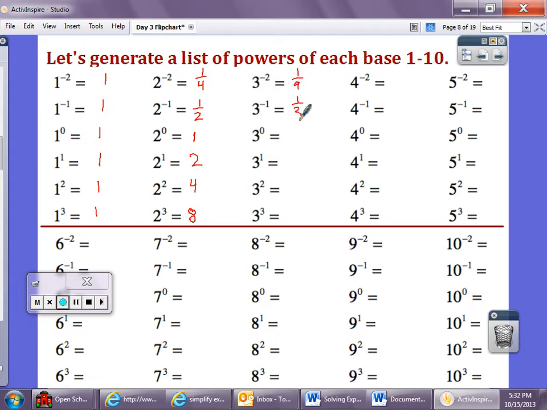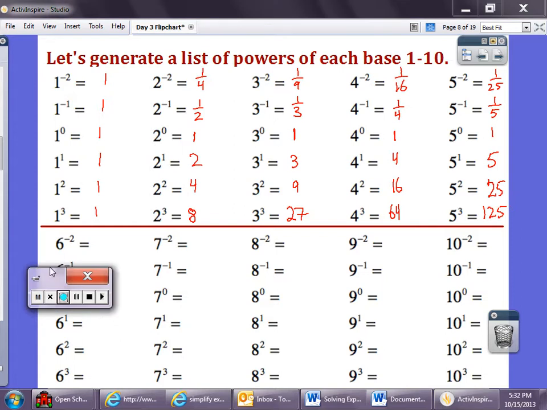This is 1/3. 1, 3, 9, 27. 1/16. 1/4. 1, 4, 16, 64. 1 over 25. 1 over 5. 1, 5, 25, 125.